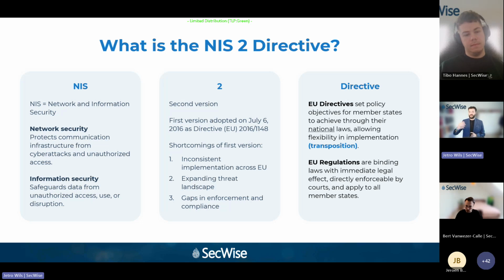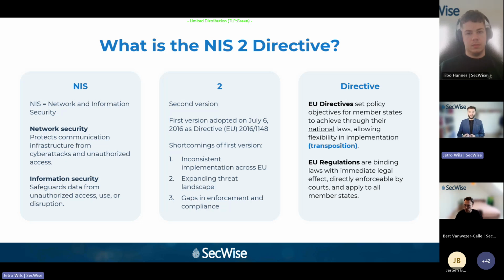So a directive you have to transpose into national law, which gives the benefit that each country can tweak it a little bit based on its priorities or its culture, right? While a regulation is a binding law, and you have to take it as is. You cannot tweak it and change it, right? So DORA, for example, the Digital Operational Resilience Act, is a regulation.